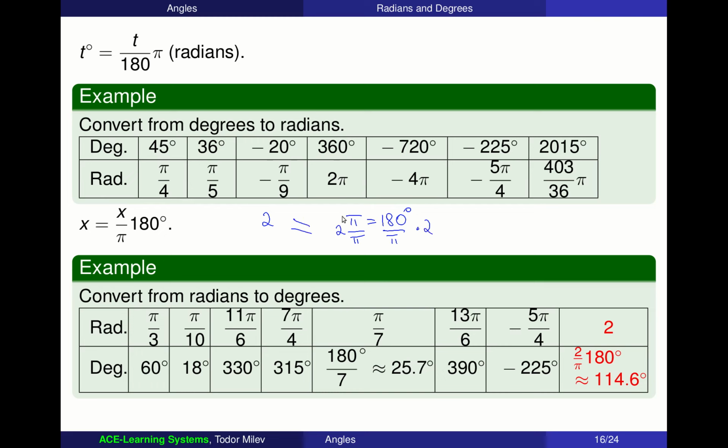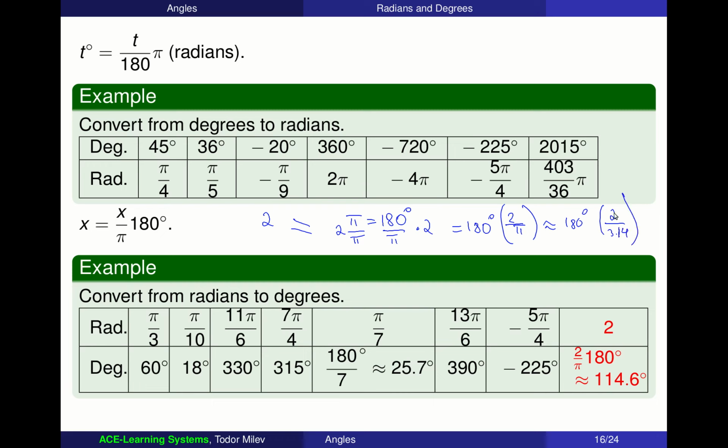So it's 180 degrees divided by pi, 2 times of it. So 180 degrees times 2 divided by pi, and that's not really a nice number, right? So that's approximately 180 degrees times 2 divided by 3.14, since pi is approximately 3.14.